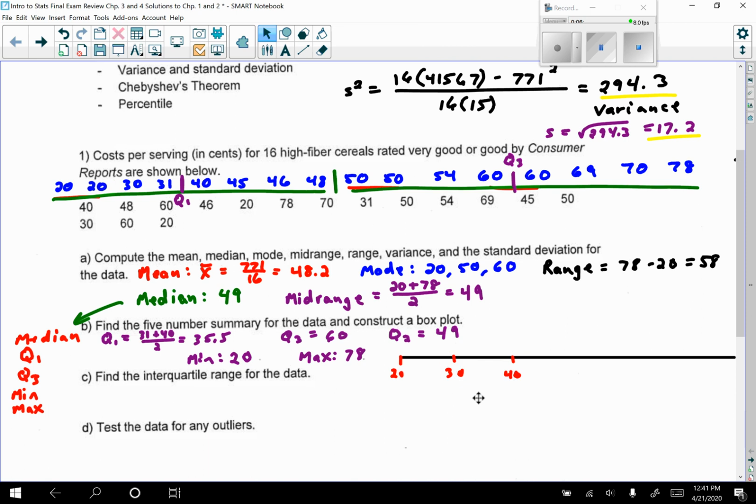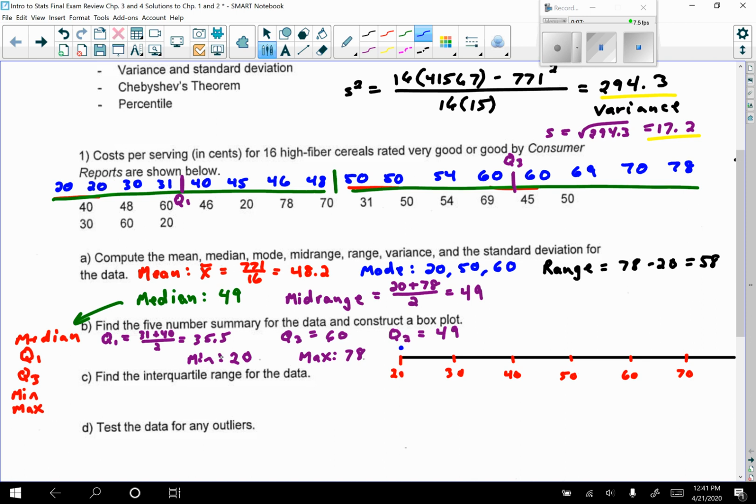Try to get them as evenly spaced as we can.